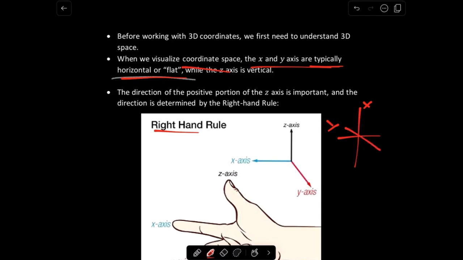So the x and y axis would be kind of vertical, and then the z axis would move out toward you. So typically, you draw the coordinate system like this. So there's x, there's y, and there's z. That's by convention, but it's not a hard and fast rule. Sometimes it's maybe better to draw the 3D coordinate system like this.